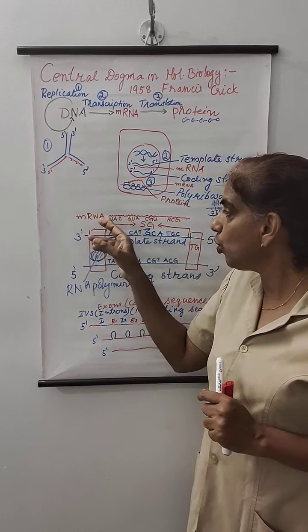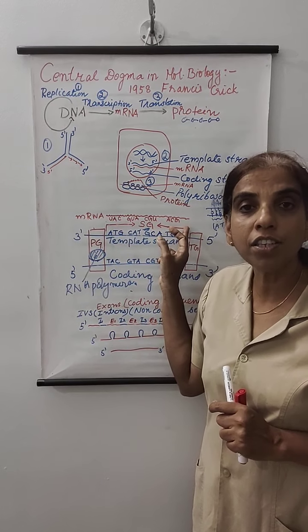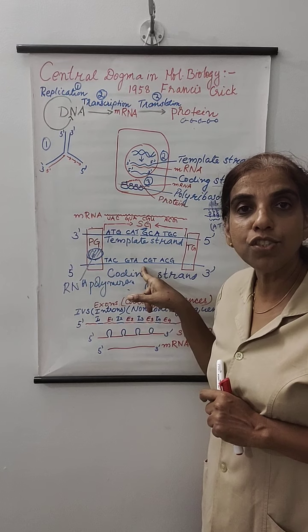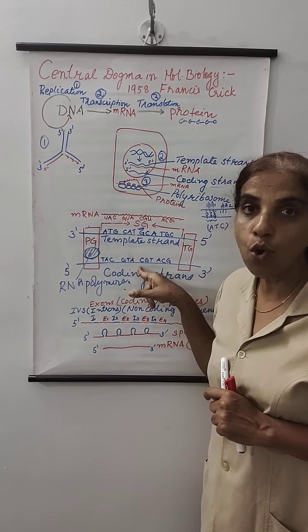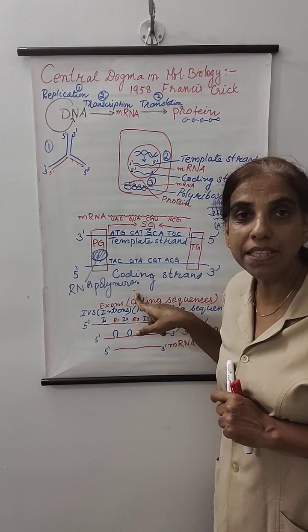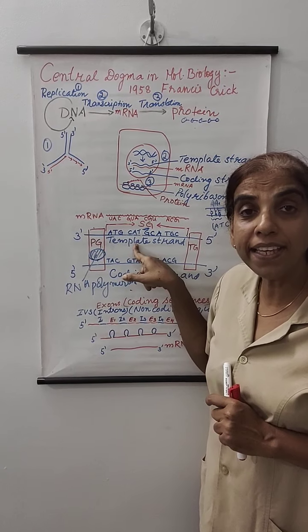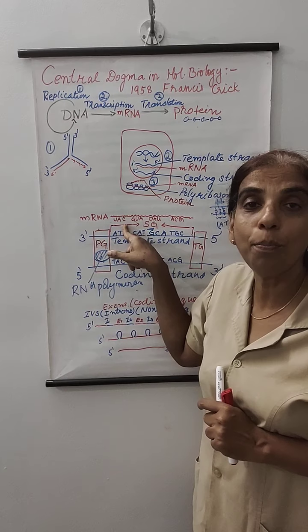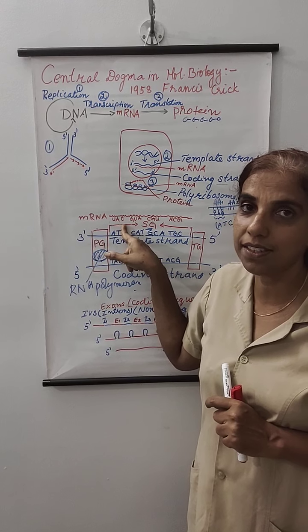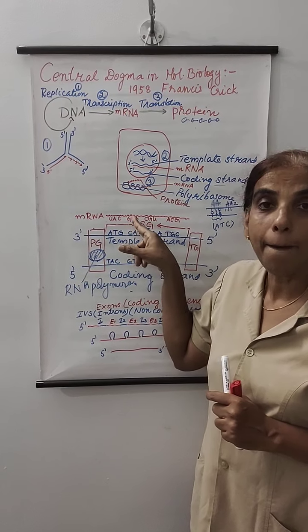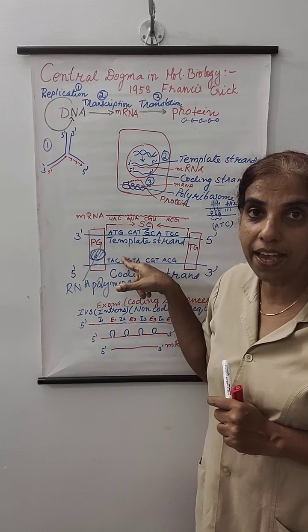That means you are preparing the functional protein as per the coded messages of the coding strand. But the coding strand can't make the messenger RNA at this point. For that, the template will be making its complementary strand as messenger RNA. I hope children can understand the basic principle behind it.